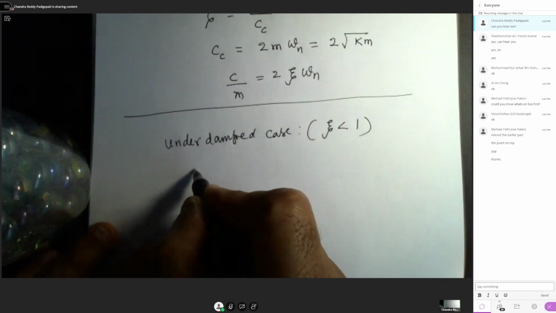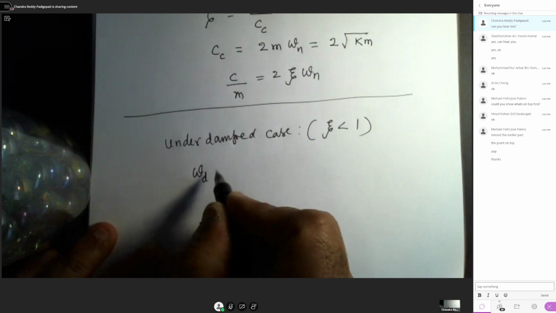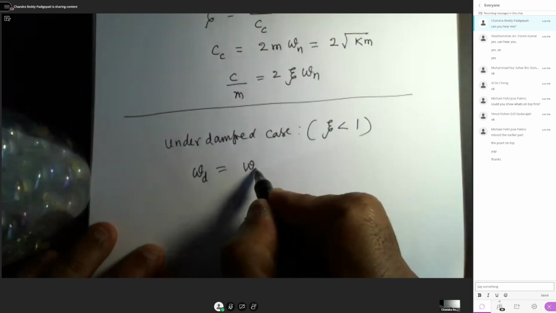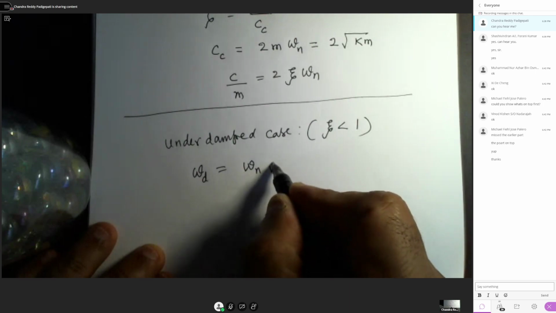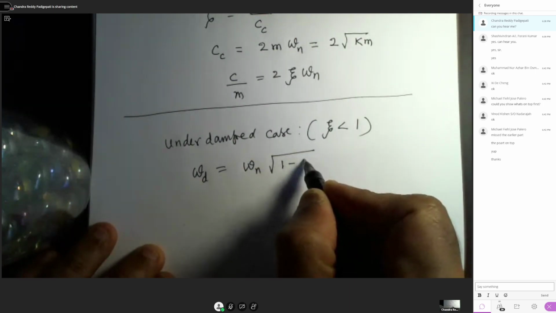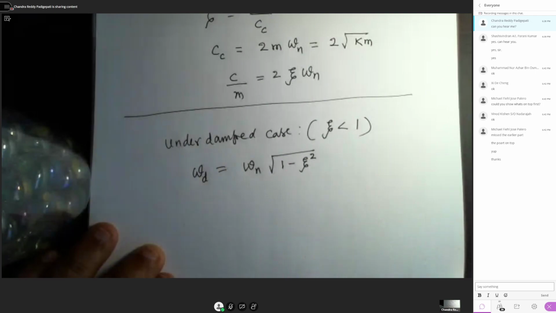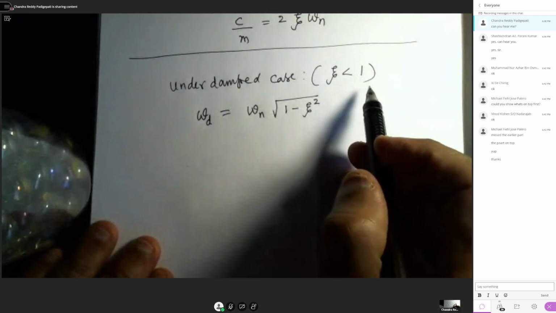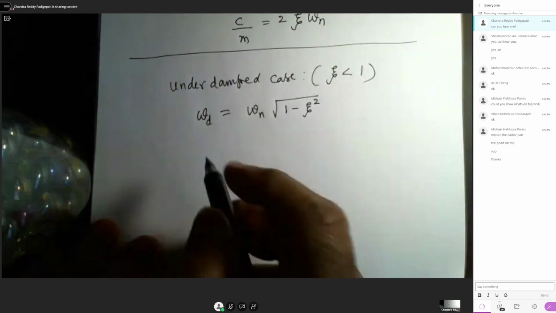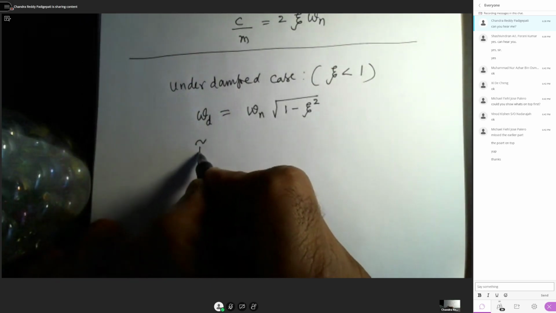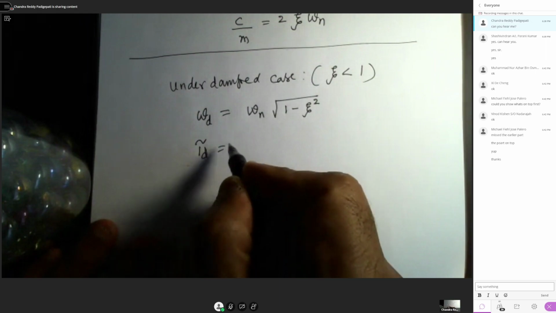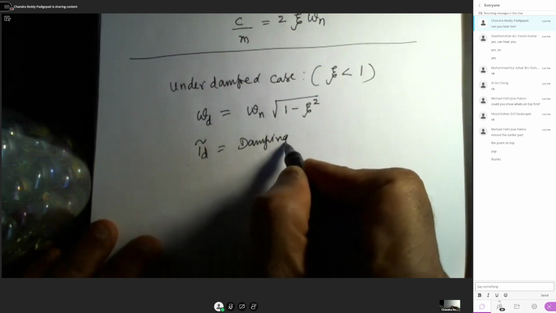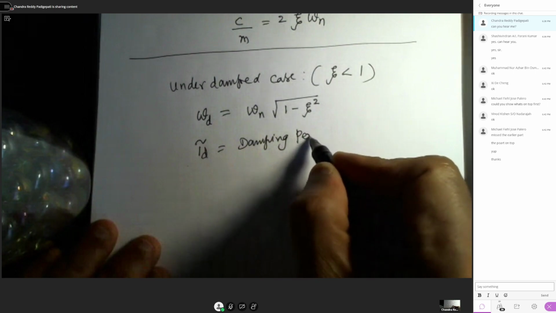In this case, we can define the damped natural frequency omega d, which we write as omega n into square root of 1 minus eta square. This is for the underdamped case. We can also write the damped period, tau d. What is period?